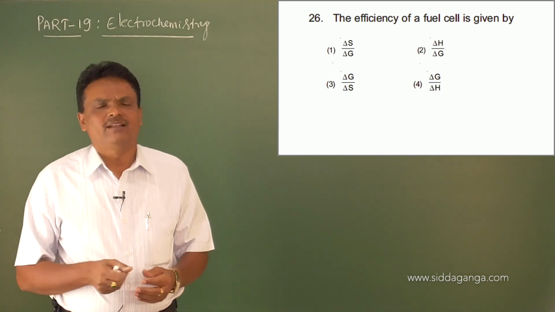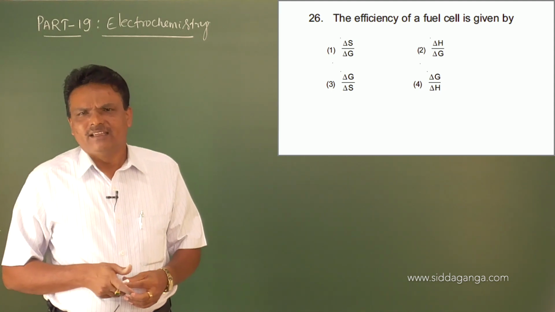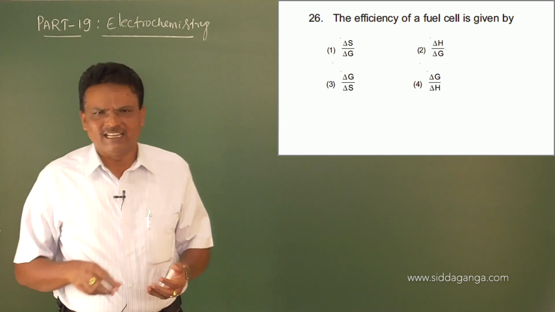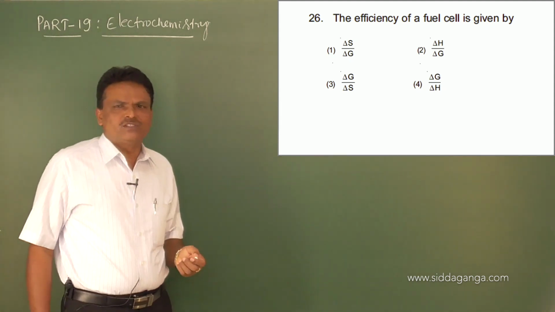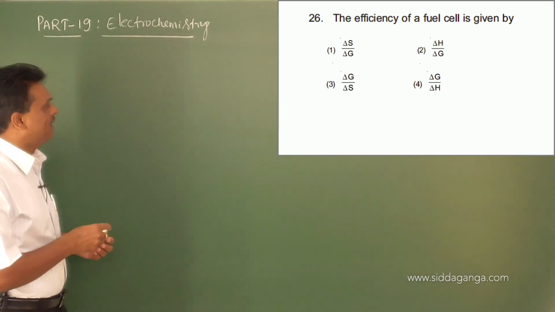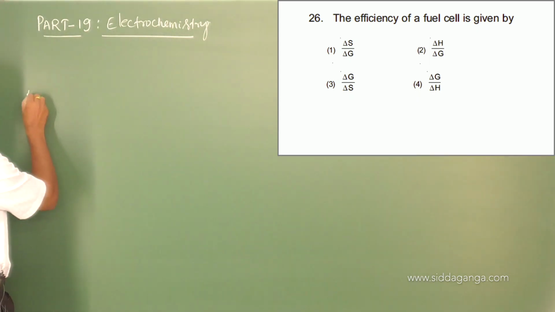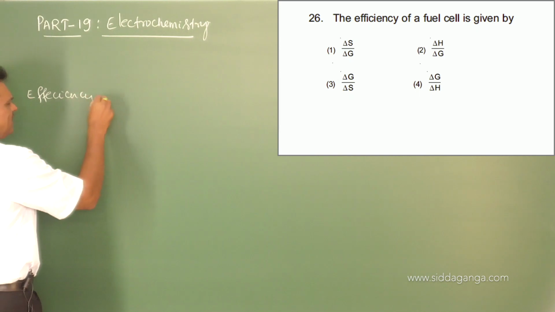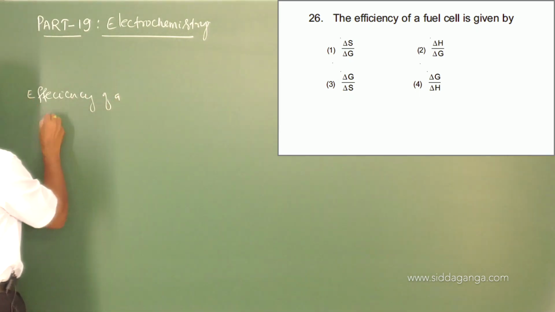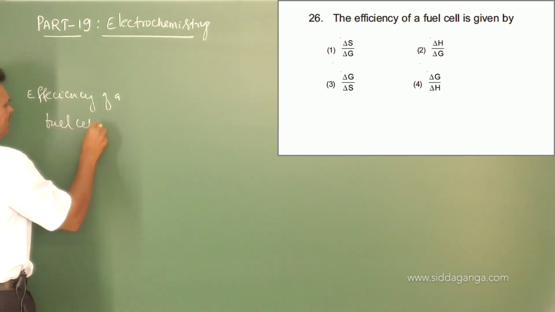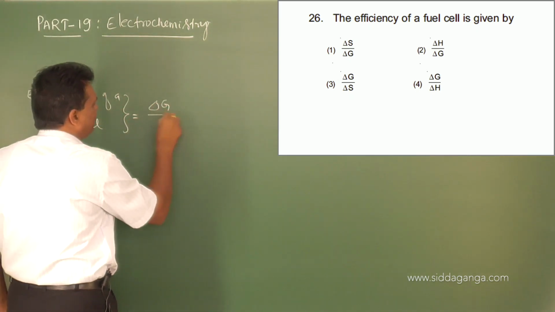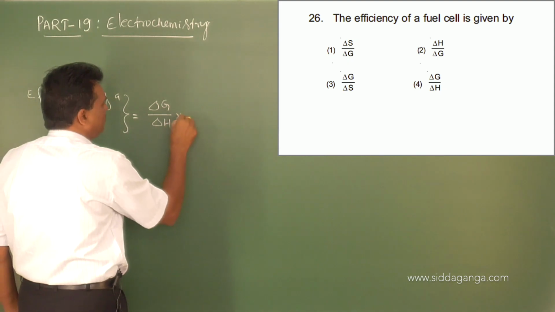So question number 26: efficiency of a fuel cell is given by. The efficiency of a fuel cell is equal to delta G by delta H into 100.